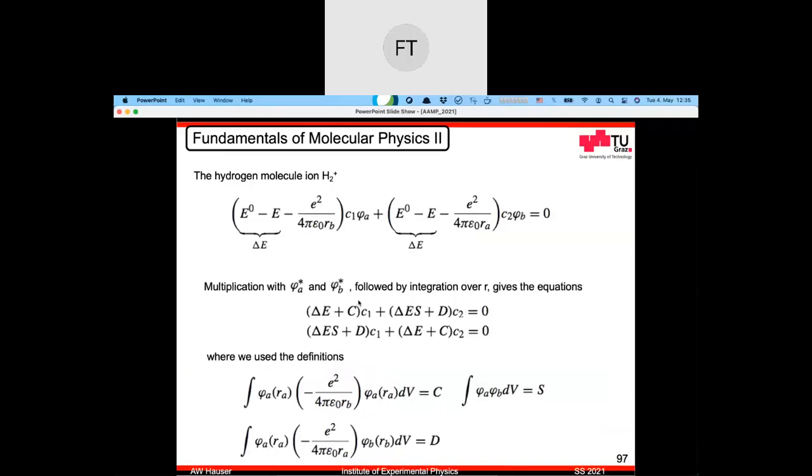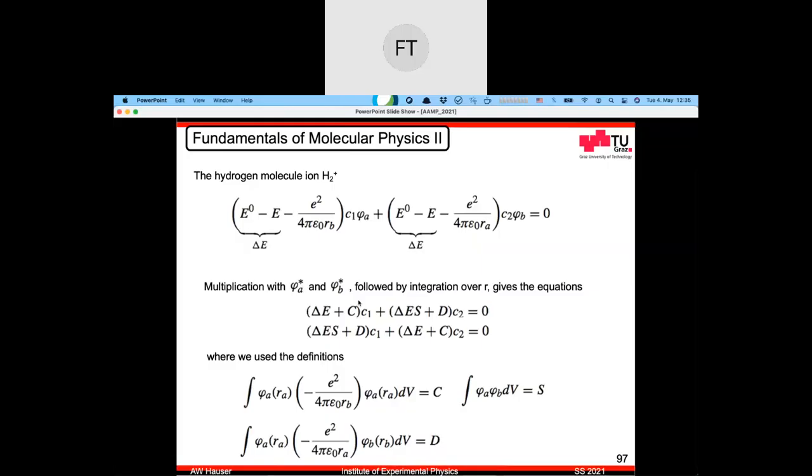Now I bring the energy E to the other side and subtract it from E naught, which I have introduced because I already know the solution for the operator parts HA and HB, since these are the Hamiltonians for the atomic system, right? And for this we know the solution. It is E naught, because phi A is an eigenfunction of this operator, and phi B is an eigenfunction of the operator HB.